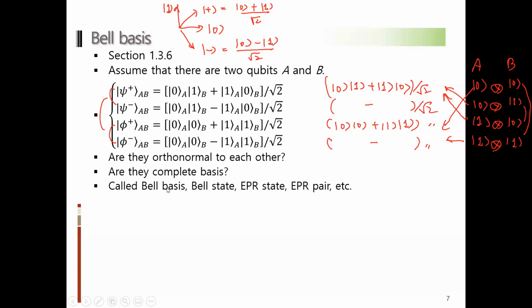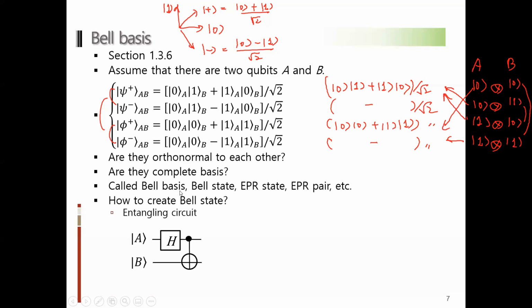Then the next question is, how can we create the Bell basis or Bell state? Well, it is actually quite simple. We learned about the Hadamard gate and the CNOT gate, and by combining these two gates, we can create the entangled state.